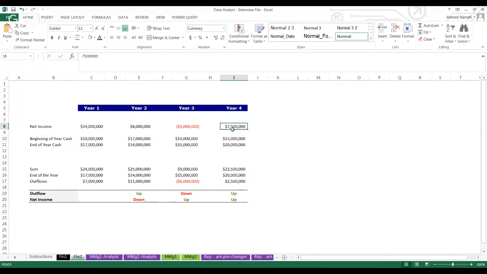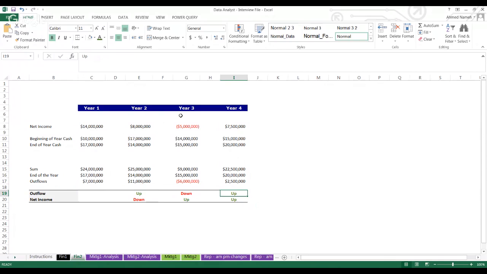And this leads me to the explanation for why the numbers are the way they are in year four. When it comes to cash flow, what happens in one year, at the start of the year and at the end of the year, will impact what happens in the following year.